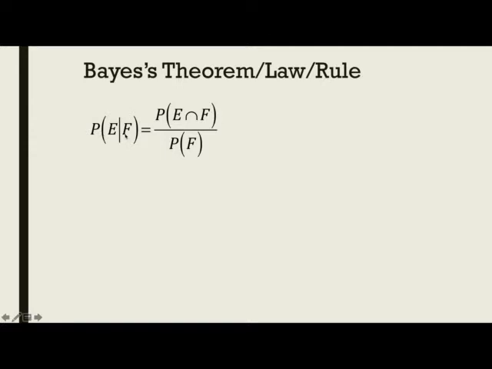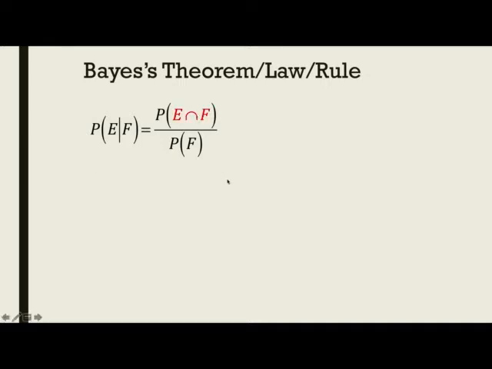Probability of E given F is equal to the probability of E and F, the probability of the intersection of the events, divided by the probability of F, that which we're conditioning on. We're constraining our attention to what we already know. That's the denominator. We're reducing our sample space to just the part where F occurs and saying, under the circumstances, what's the probability that both E and F occur, once we already know that F occurs, right?